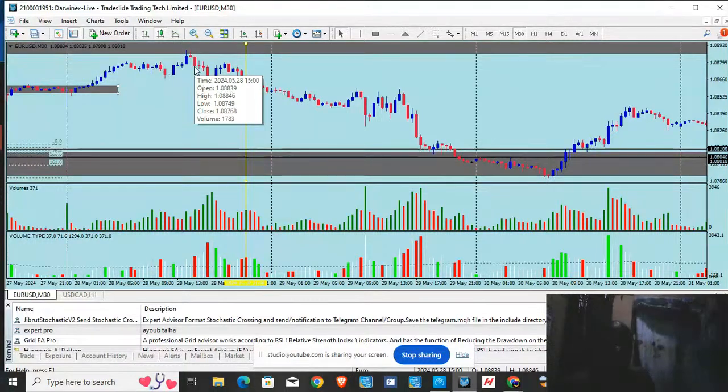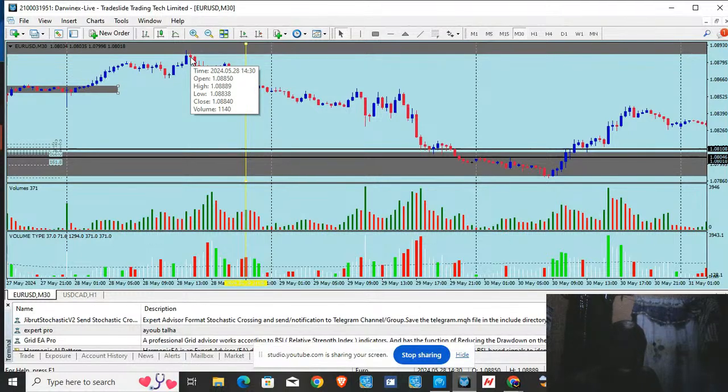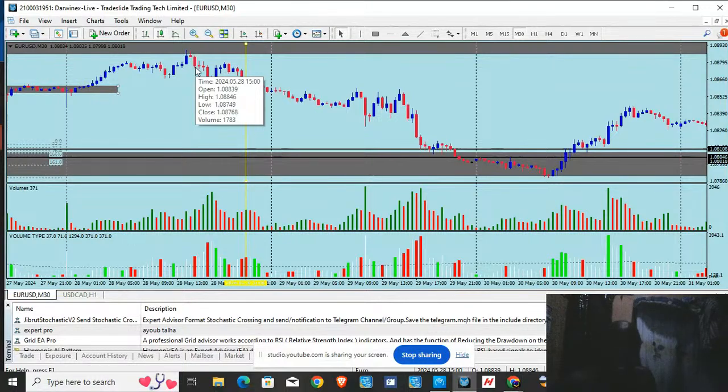If you enter here, 1.0876. So let's check the high of this, 1.0889. Okay, 89. We entered 76, the high is 89. We can now give another, maybe 2 pips.